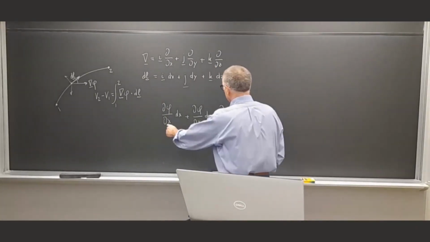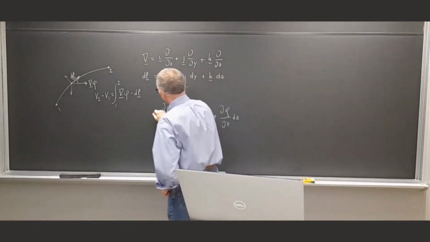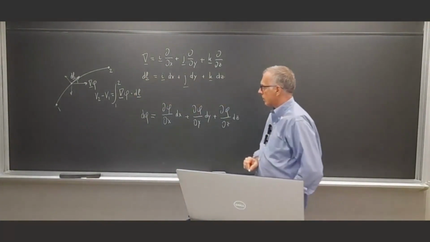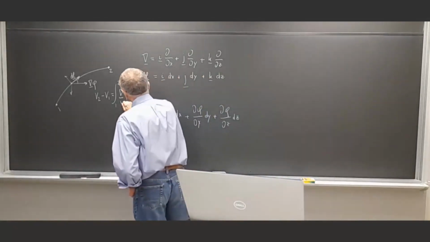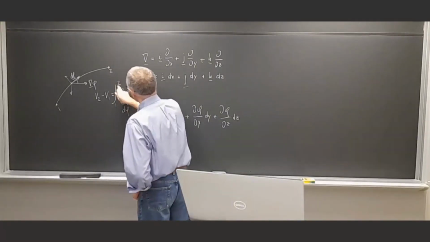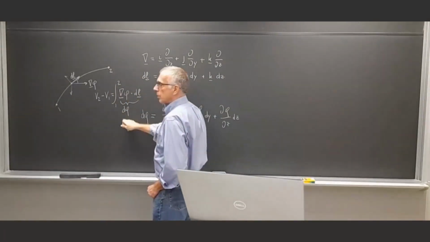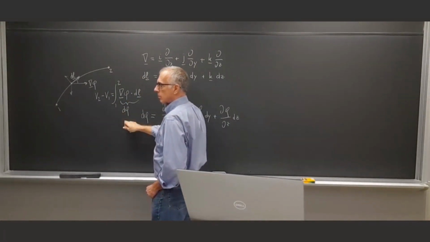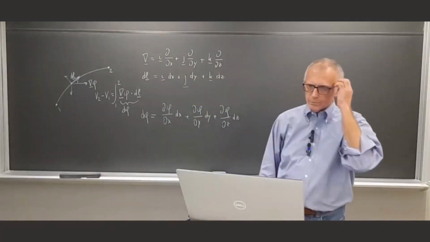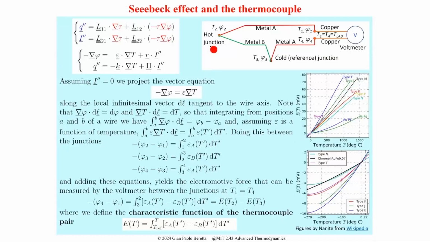Okay, and what is this? Well, this is the expression for the differential of phi. So you can rewrite this term here as d phi. And therefore, the integral is very easy. It's just phi2 minus phi1. Okay, which is what we do here.